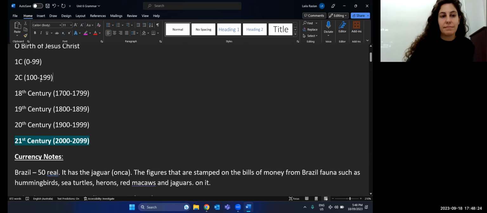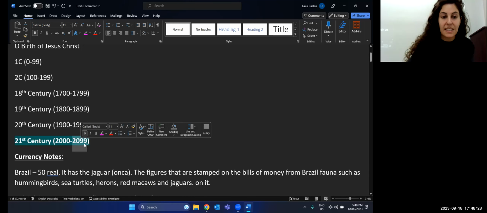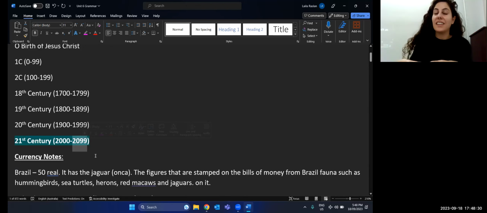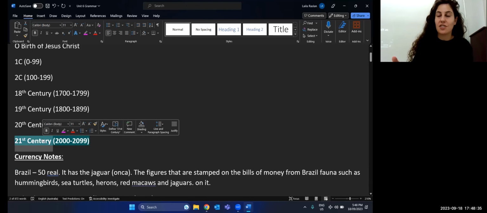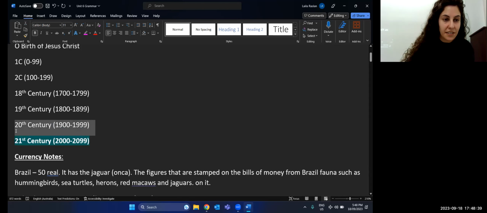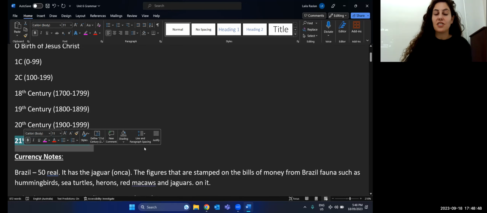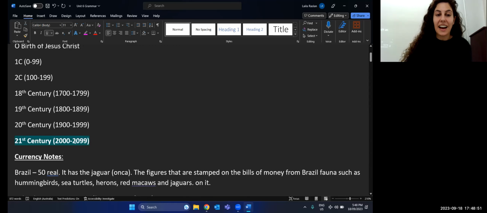So you can see how it goes all the way up to where we are now, 2023. We are in the year 2023. That means we are in the 21st century. I was born in the 20th century. Pretty much all of us were born in the 20th century. Maybe someone was born in the 21st century. Is anyone's birthday after the year 2000? No?